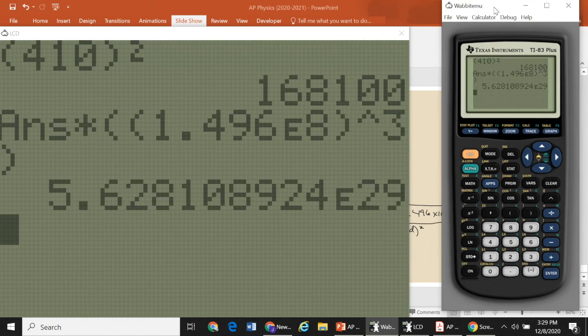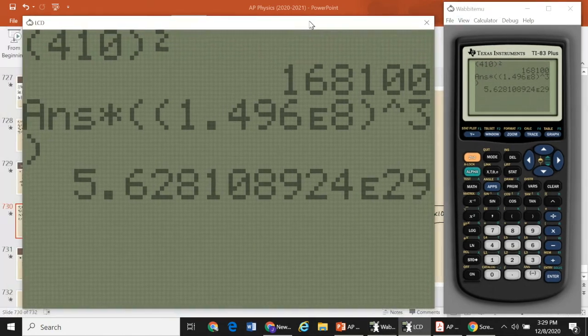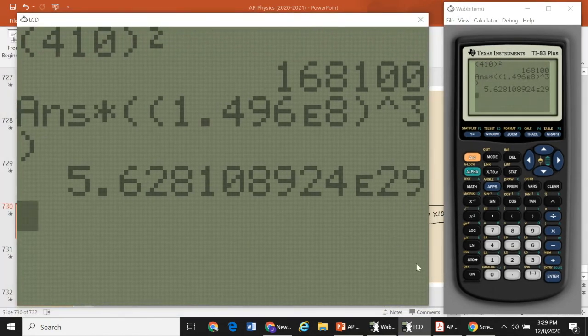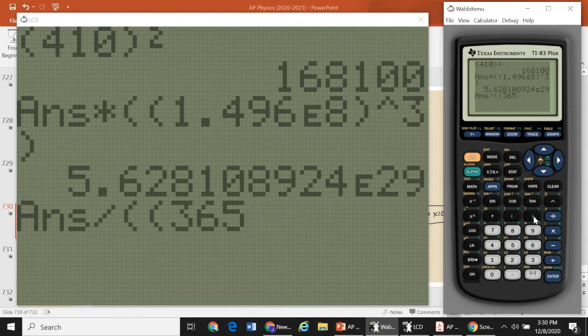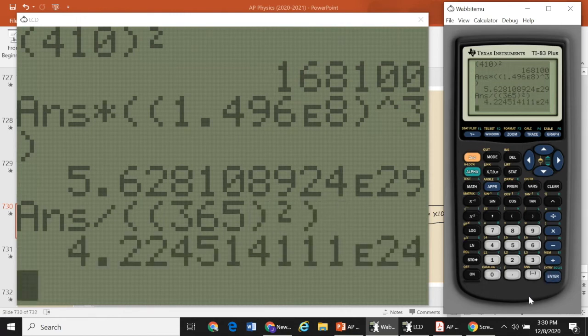There's no point in going through the menu. Notice we have a huge number here. Then I need to divide this by T2 squared. So I'm going to divide that by 365 squared. And I get another ridiculous number.